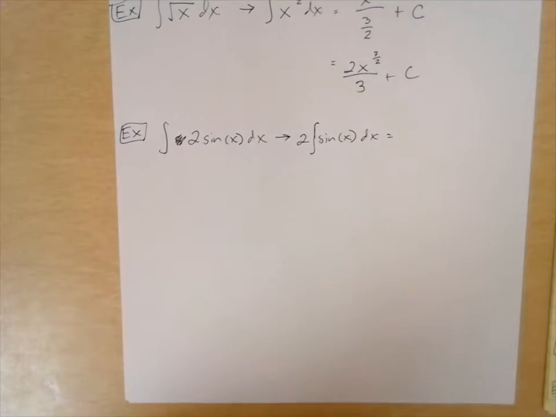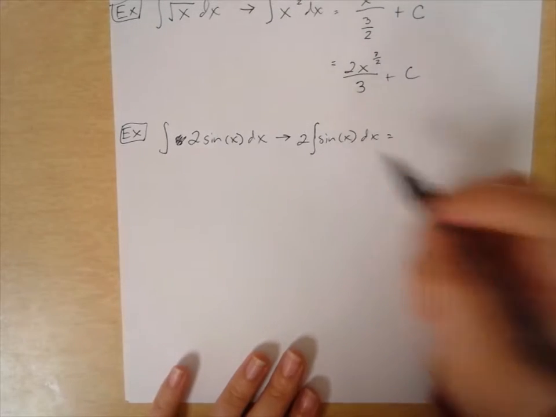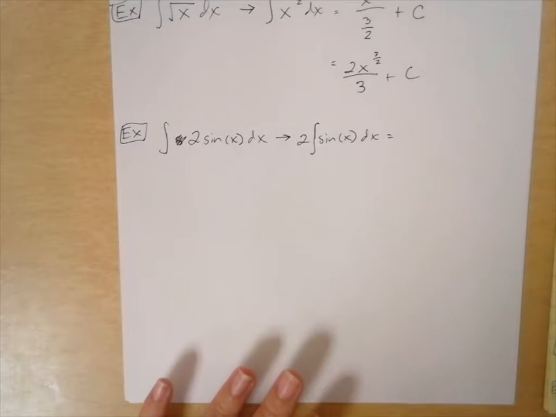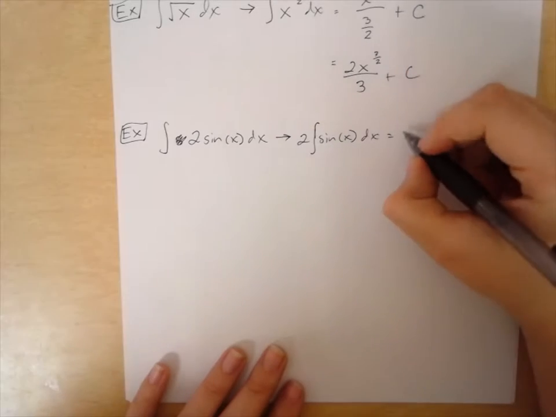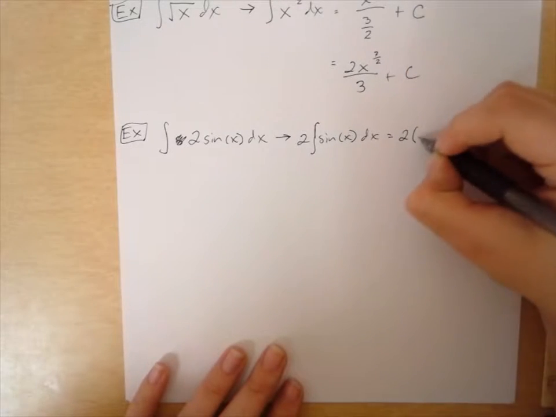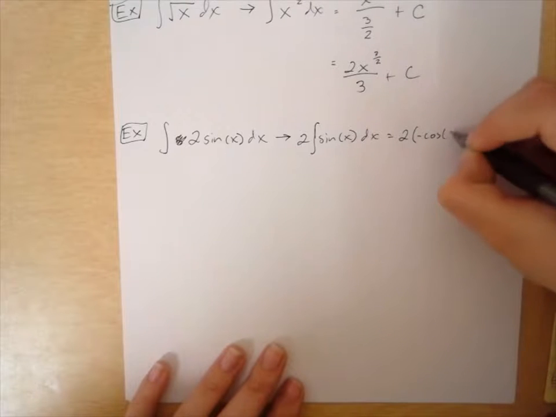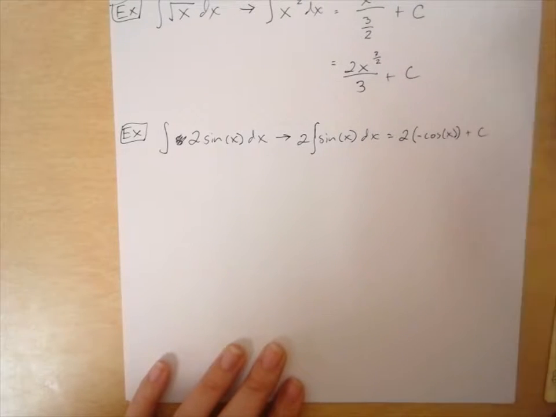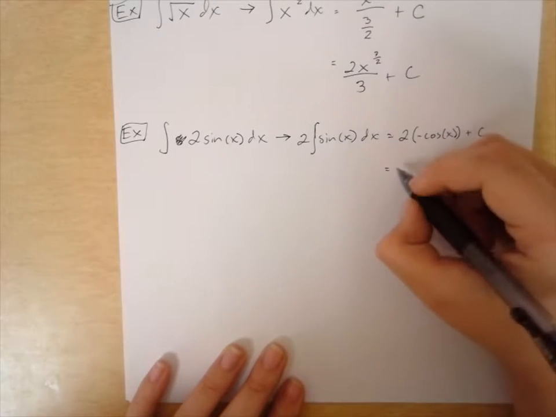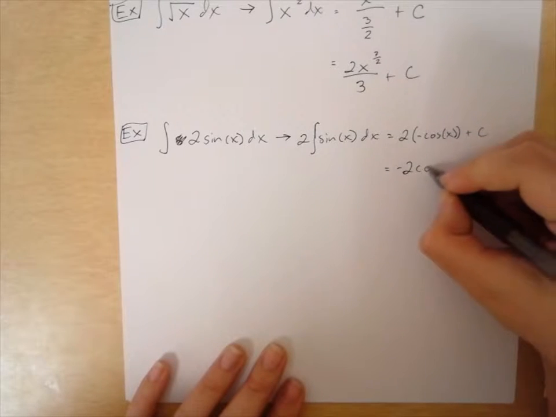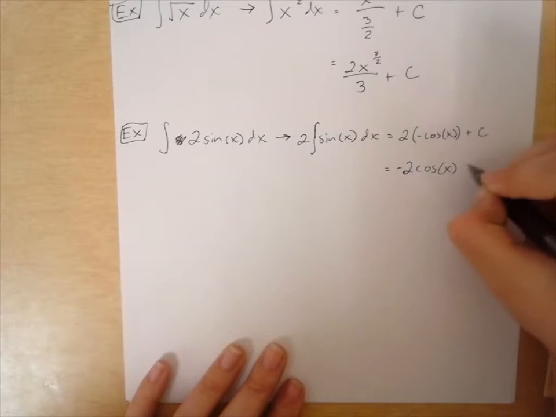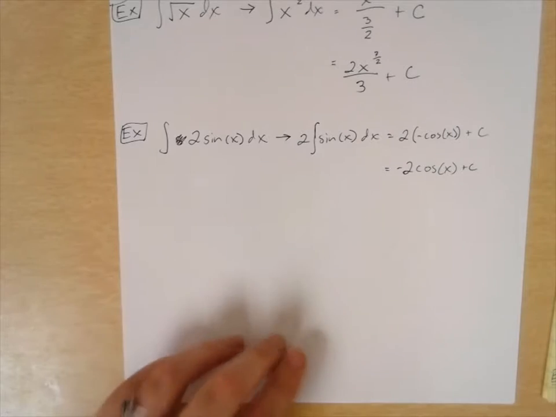You may have put this together from the differentiation rules of sine x and cosine x, but the antiderivative of sine x is actually going to be negative cosine x. So I'm going to have 2 times negative cosine x plus c. And when I distribute that out, I get negative 2 cosine x plus c, and that's my antiderivative.